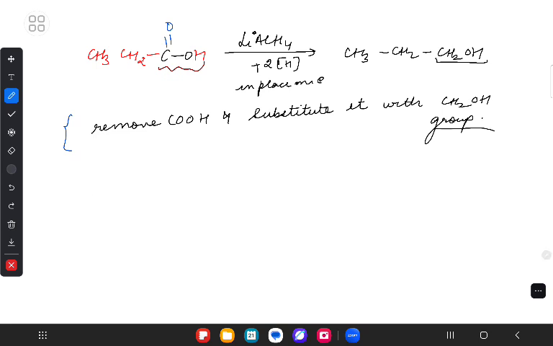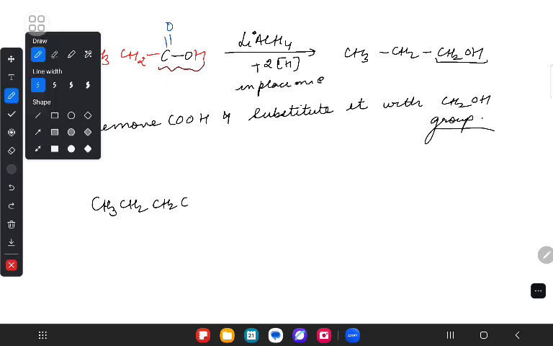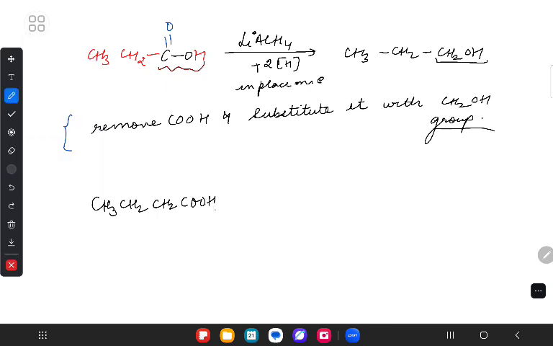So let's say if I have CH3CH2CH2COOH. Again, this time I'm going to have what? I'm going to have butanoic acid. So if I'm going to have butanoic acid, what does that mean? I'm going to add LiAlH4 to it, or if not LiAlH4, at least NaBH4.